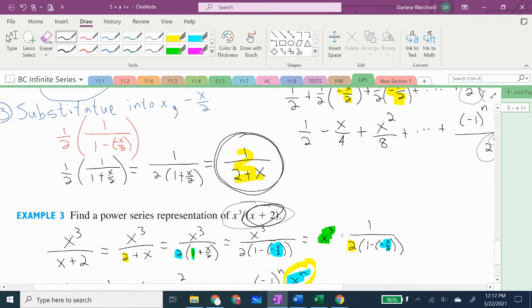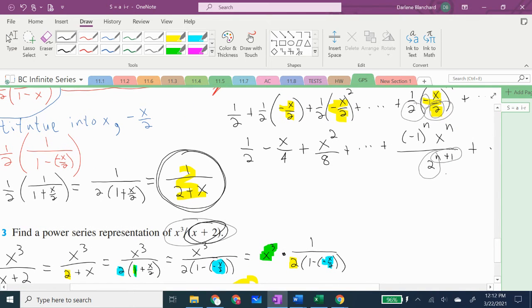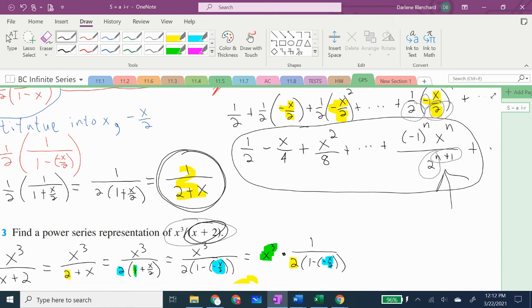Now I'm going to take where I left off and multiply by that numerator, x cubed. So we left off with this formula. And if I multiply all of this by x cubed, how does that change the formula?